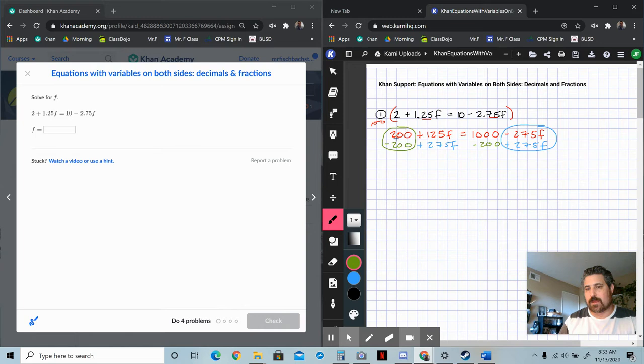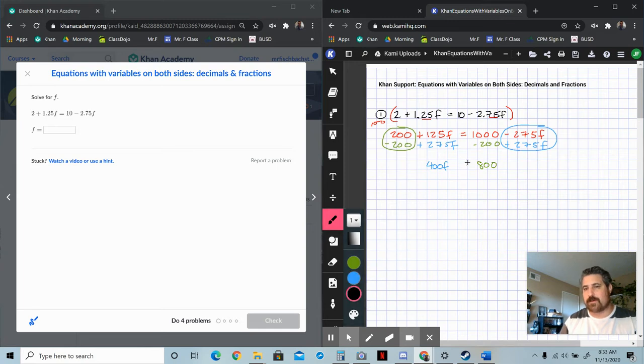Ultimately, after doing those moves, we're going to be left with the result here of 1,000 minus 200, which is going to be 800. And on the other side, we're going to have 125f plus 275f, which is going to be 400f.